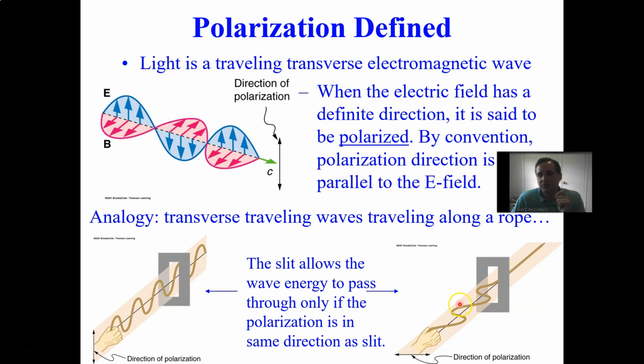But notice that if you took that same vertical slit and the wave on the rope is horizontally polarized, it's not going to pass through that same slit. So it turns out with light and polarization, depending upon how we orient the direction of our polarizers, basically our slits, if you will, we'll be able to filter or polarize the resulting light that comes out the other side.